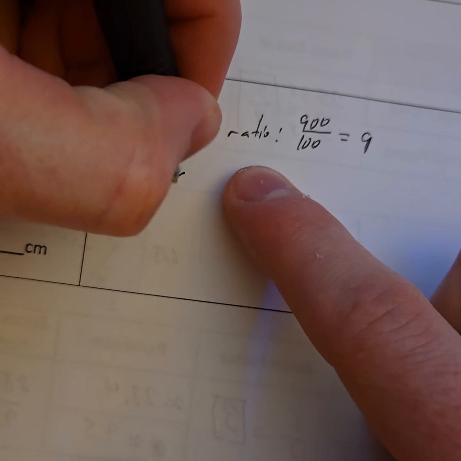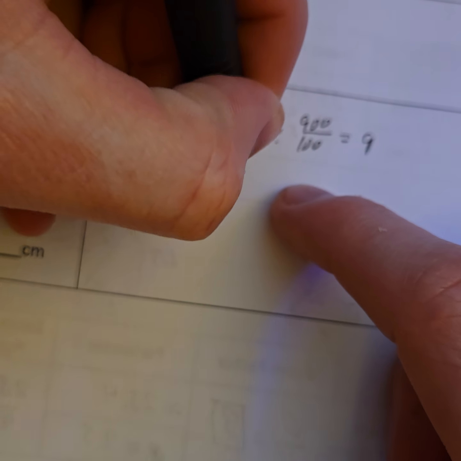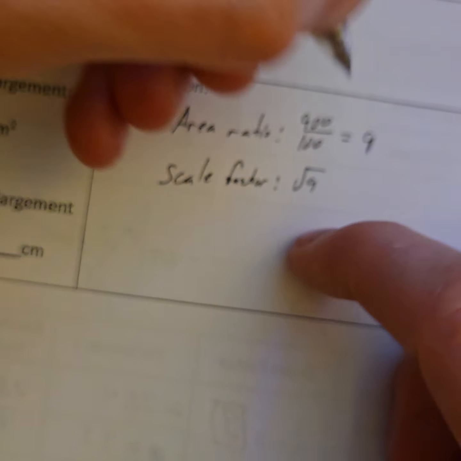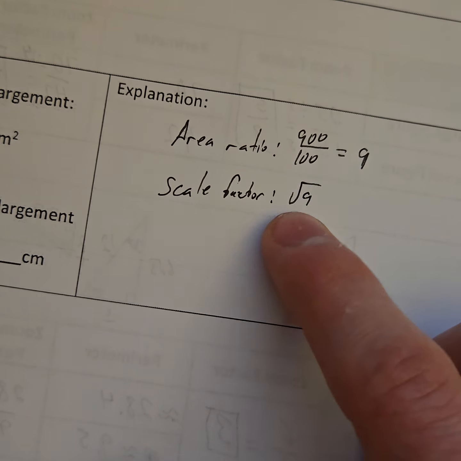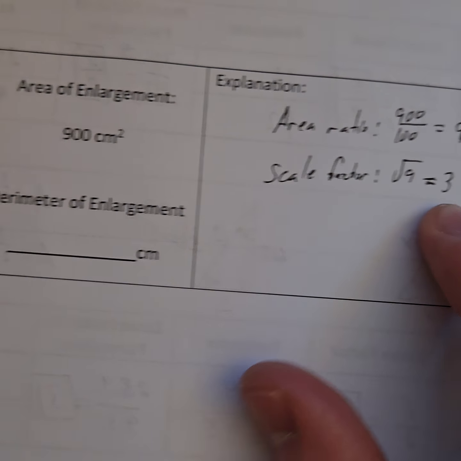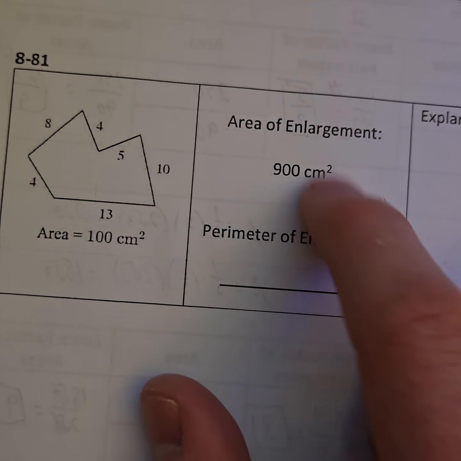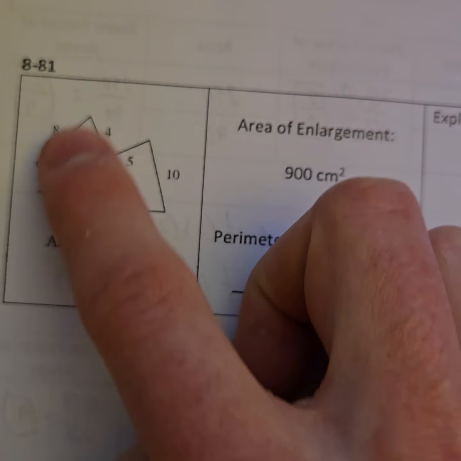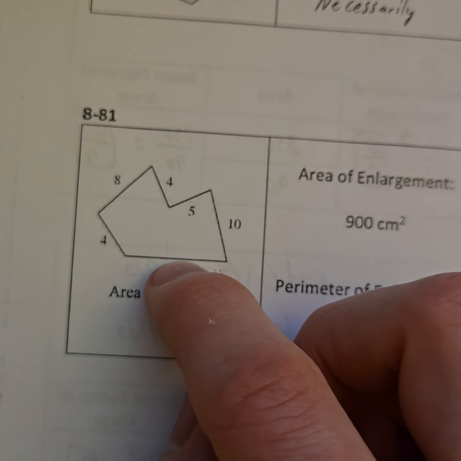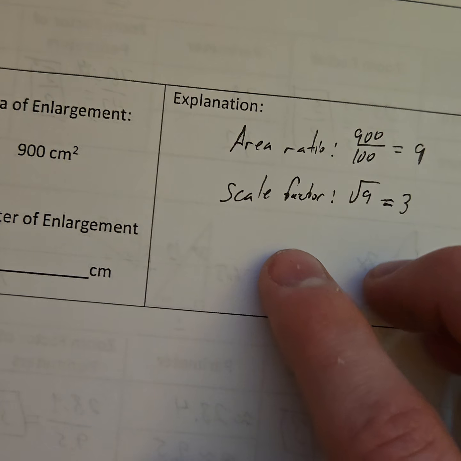So that means that our scale factor is the square root of the area ratio, going backwards. So we get 3. Okay, so our scale factor is 3. So that means that our enlargement is 3 times as big as this. So we would take all of these side lengths and we would multiply it by 3.